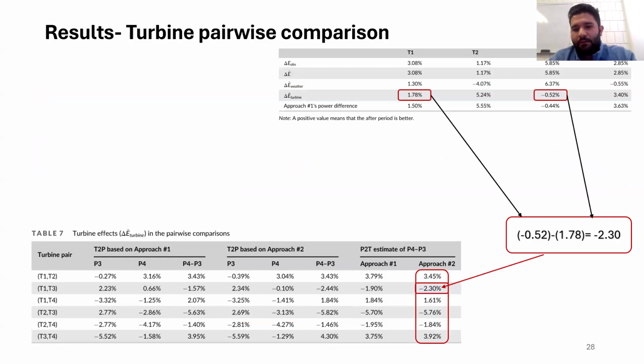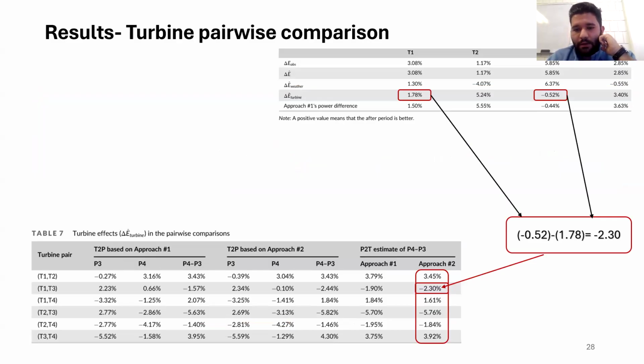For P2T, we already had the table, table 5, which we discussed a few slides ago. In that table, the delta E hat of turbine was calculated for each turbine.